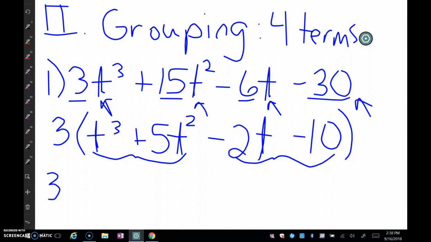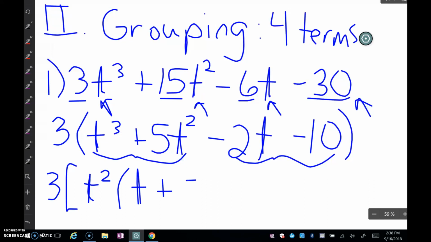So we're doing another GCF just with these first two terms. The first two terms, t cubed and 5t squared, have a t squared in common. So I'm going to bracket that out and do a separate problem here, and t squared is my GCF of the first two terms. That gives me t squared times t plus 5. If I multiply that out, that would give me t to the third plus 5t squared.